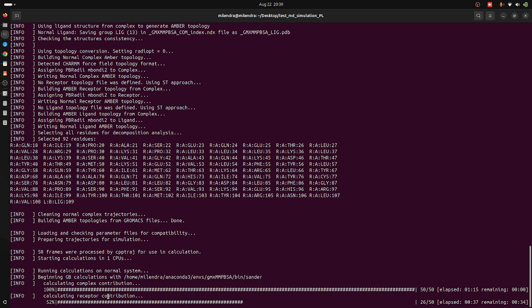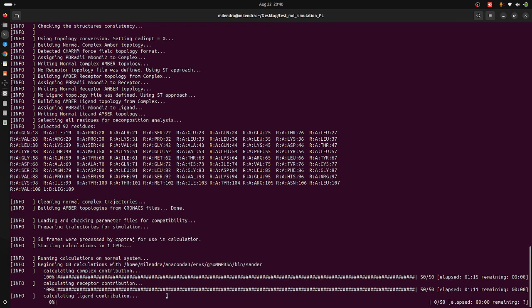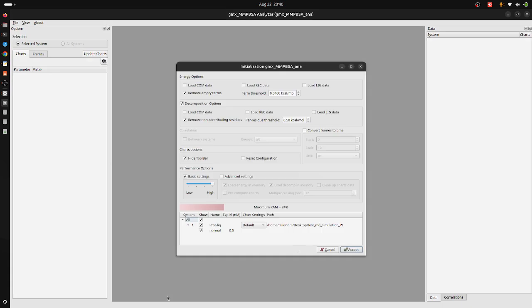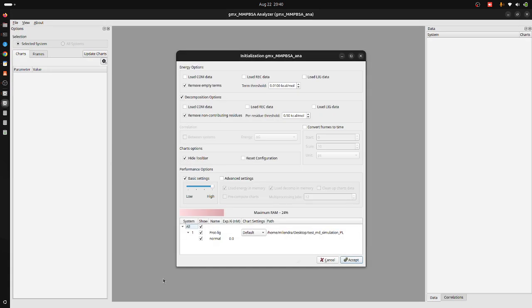It will calculate next for the ligand system, and after that combined it will give us the data of binding free energy and per residue decomposition. Yeah, the calculation is completed.